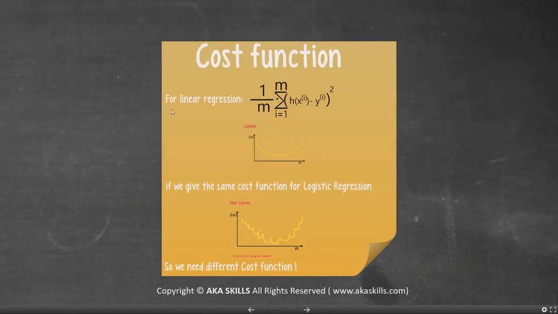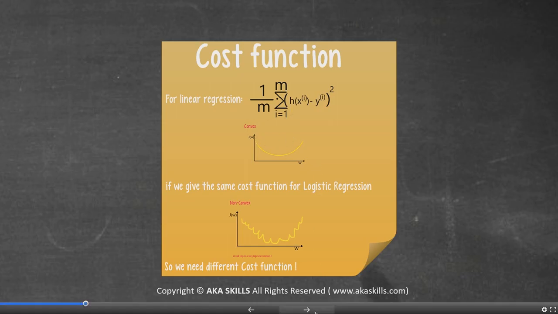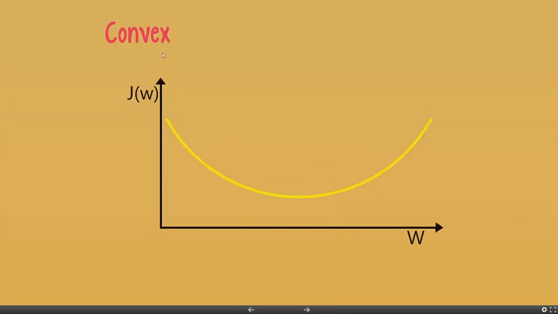So the cost function for linear regression is simply 1 divided by m multiplied by the sum from 1 to m, the mean square error. That's simply the mean square error. And you can see that this cost function gives us this graph, which is convex.